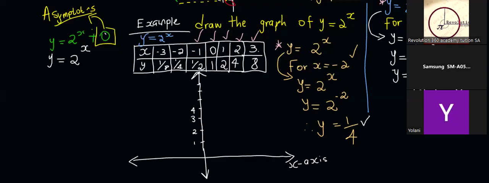And then one thing that you need to understand: we're having -1, -2, -3, -4. And then here we're having 1, 2, 3, 4, 5.